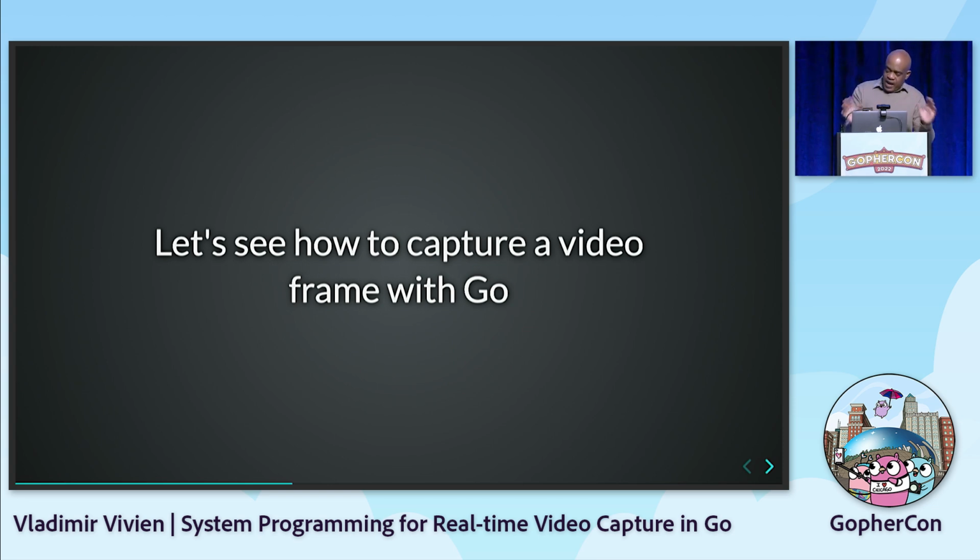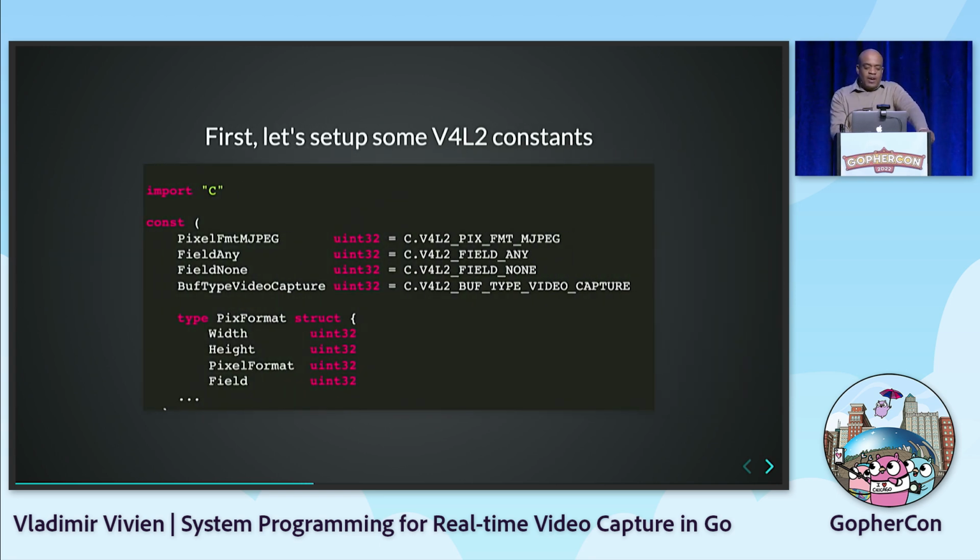Now, having said all that, let's see how to capture one single video frame using Go and everything we just described. Okay, first, we're going to use the synthetic C package to pull in our values, as we said, and I have also defined a PixFormat type that I'm going to use to send data to the driver.